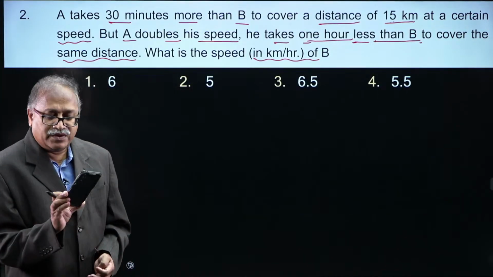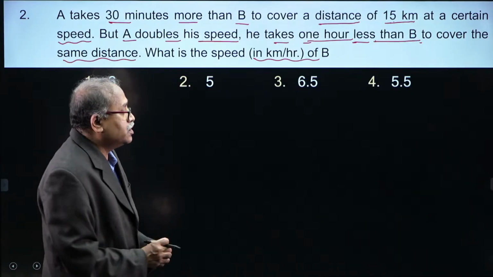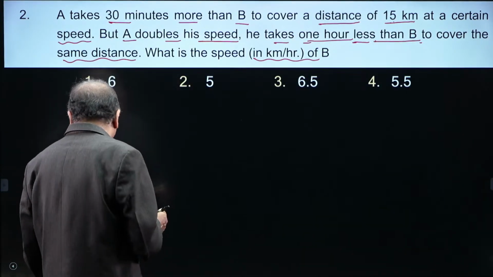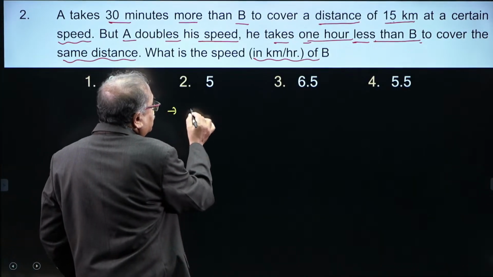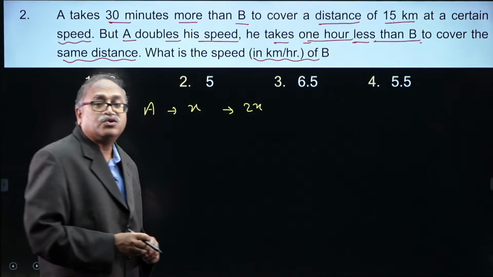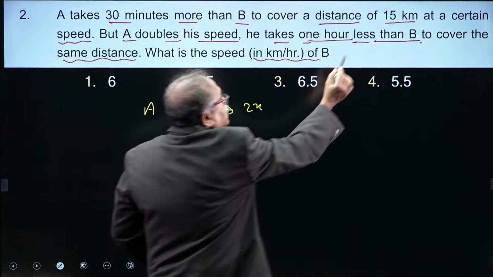Appalnadu, I do not see anywhere 4 kilometer. What is given to us is the speed. If the first speed is x, he doubles the speed, that has become 2x. In both the cases, the distance is same, 15 kilometer.